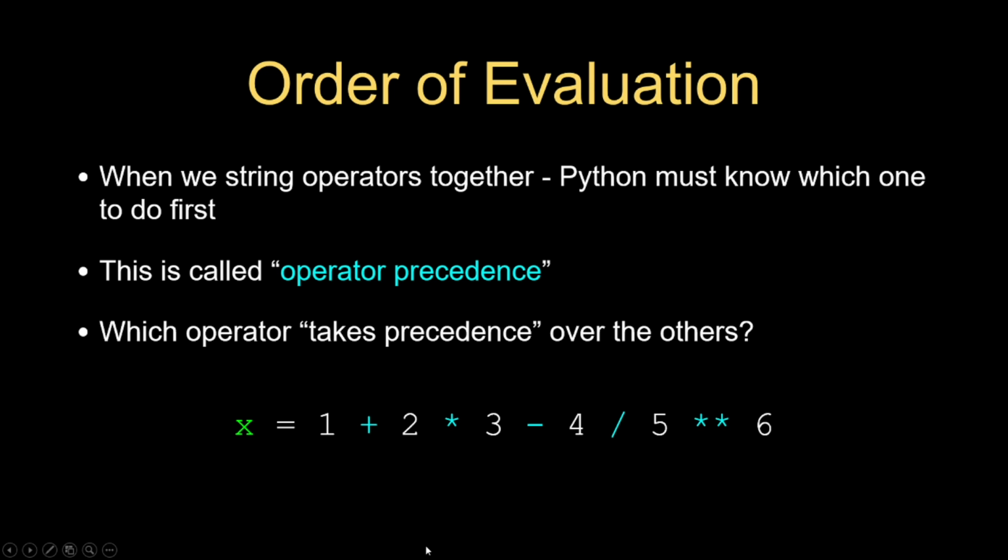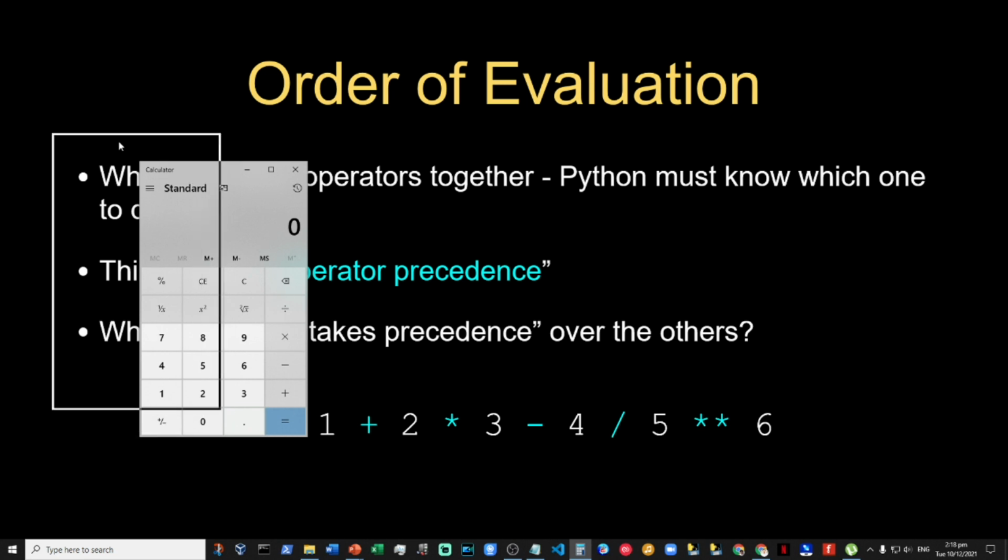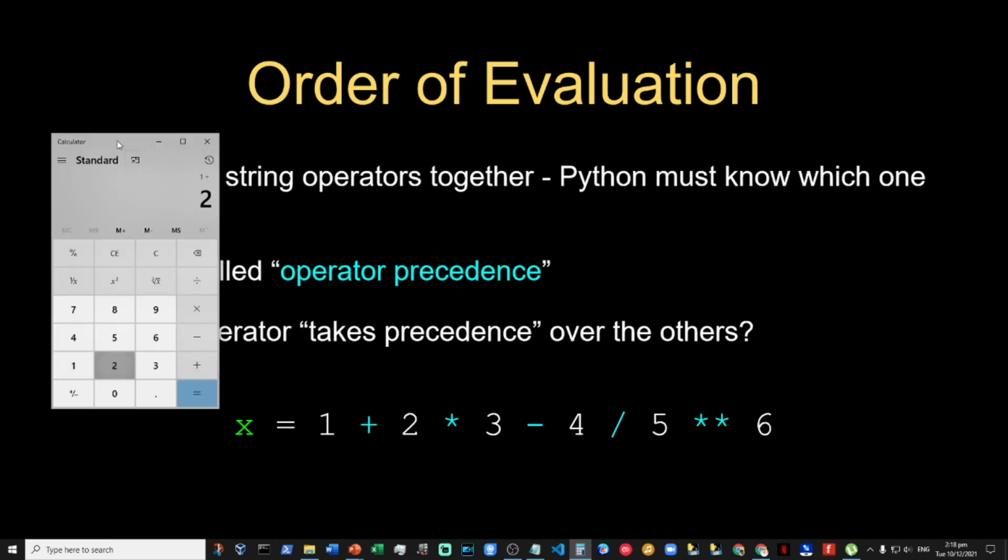You should not write it in this manner. 1 plus 2 times 3 minus 4 divided by 5, to the power of, no, it's not square.